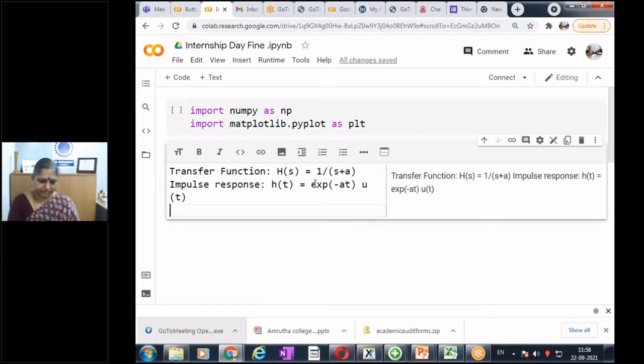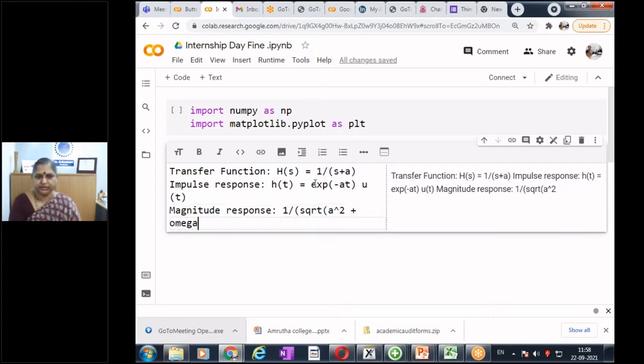And then what is the magnitude response? Magnitude response is given by 1 by square root of a square plus omega square.